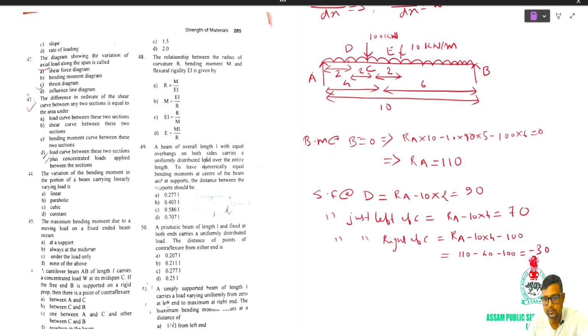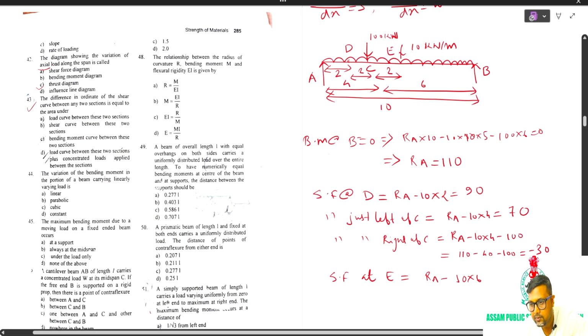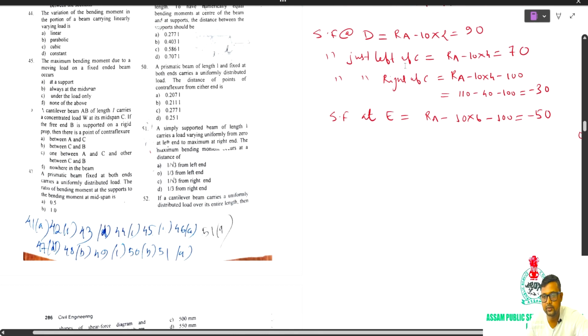That's the shear force. At E, how much? Ra minus 10 into 6 minus 100, which is minus 50, right?